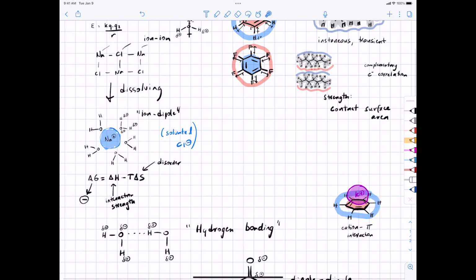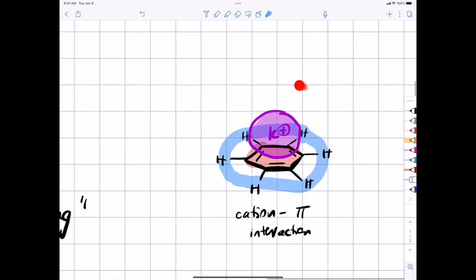So we could continue to mix and match these for like ever. I think last time I told you about the cation-pi interaction in which a positively charged ion interacts with the electron-rich face of the quadrupole of the benzene ring. That's actually really important in some neurotransmitter receptors.